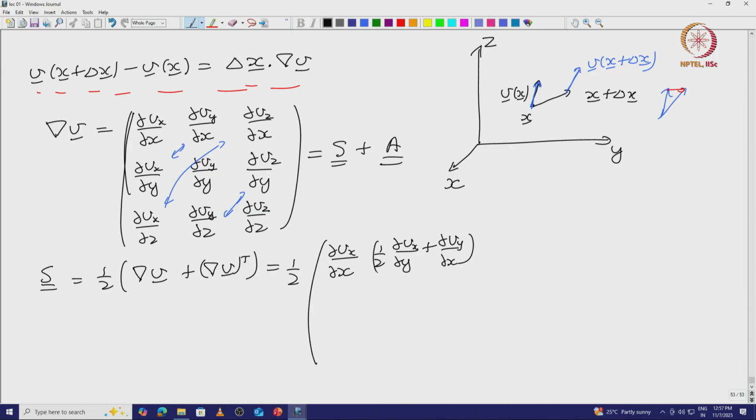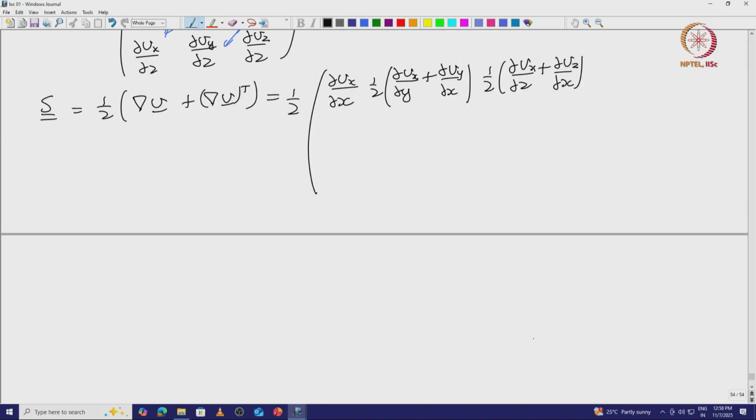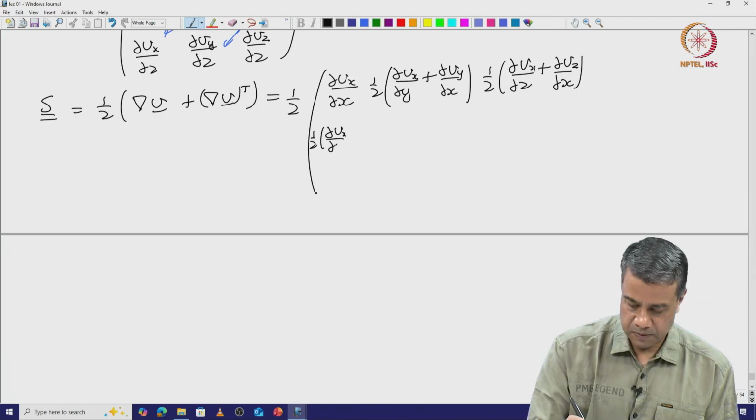That is the 1-2 term. The third term will be half of partial Vx by partial z plus partial Vz by partial x. Then this term will be half of partial Vx by partial y plus partial Vy by partial x.